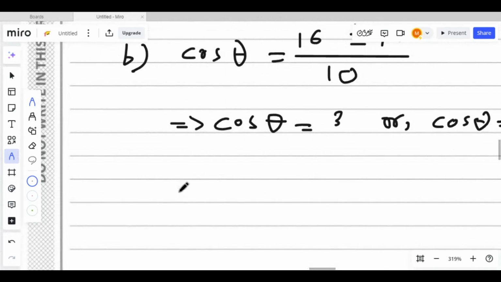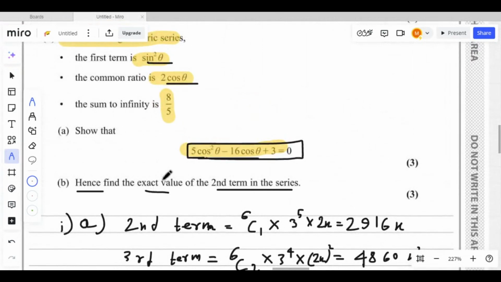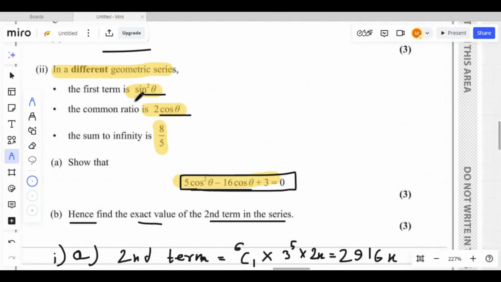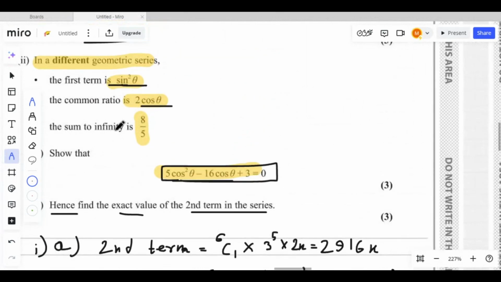So the common ratio r equals 2 cos theta. That means this is 2 over 5. Okay, we got the common ratio. Now the first term. They wanted the second term, so we need the first term and then multiply it by r to get the second term.